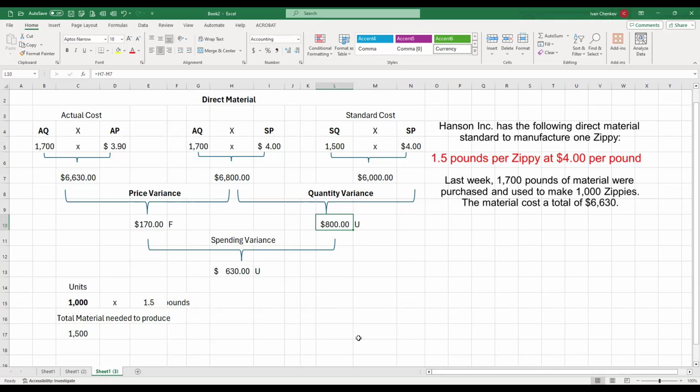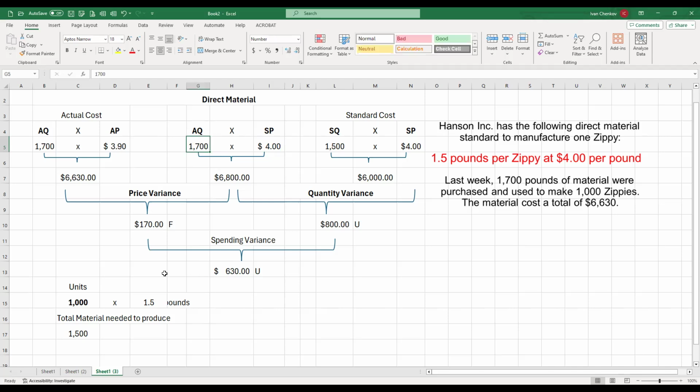Yeah. Let's move now to the price variance. What happened with the price per pound? It went down, correct? How much down was the price? 10 cents per pound.